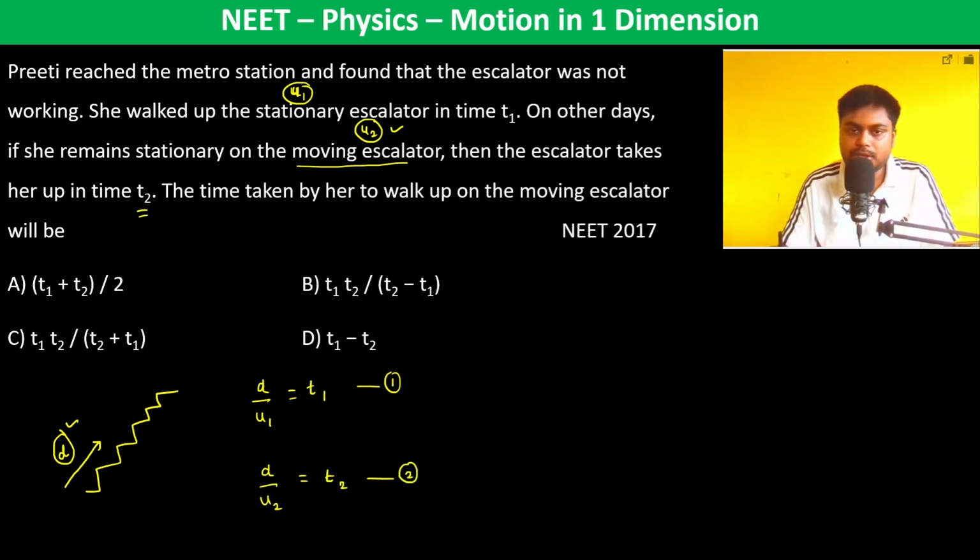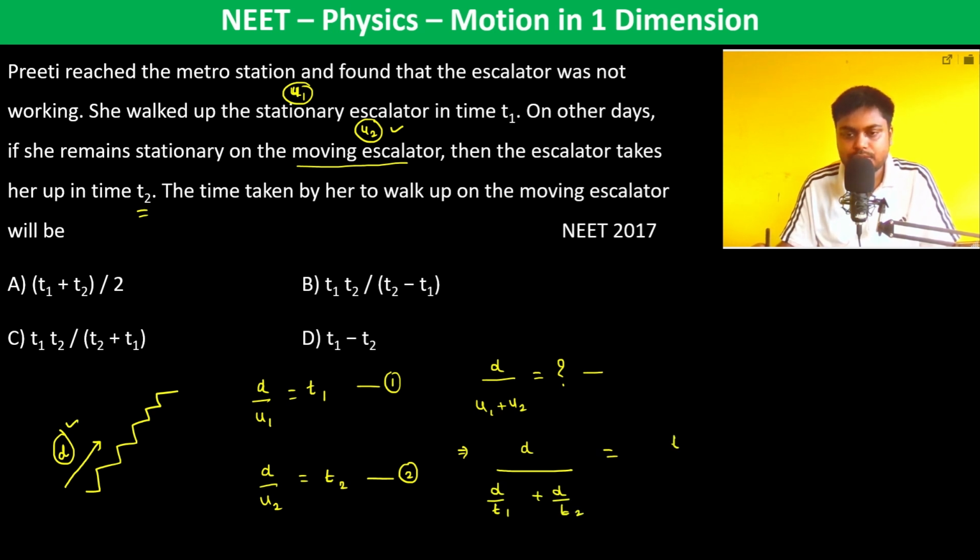Okay, the time taken by her to walk up on the moving escalator, so now both the speeds are going to add up. So now the question is d by (u1 plus u2) is equal to how much? So u1 is equal to d by t1 and u2 is equal to d by t2.